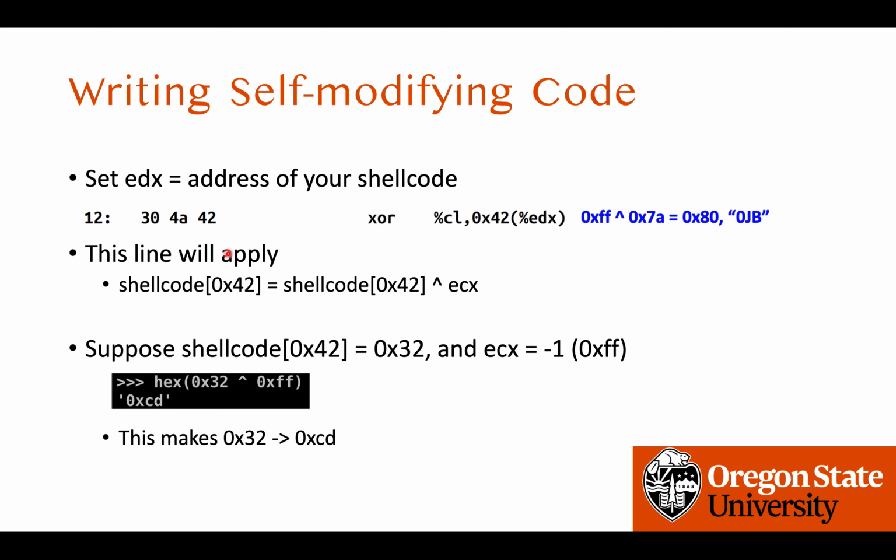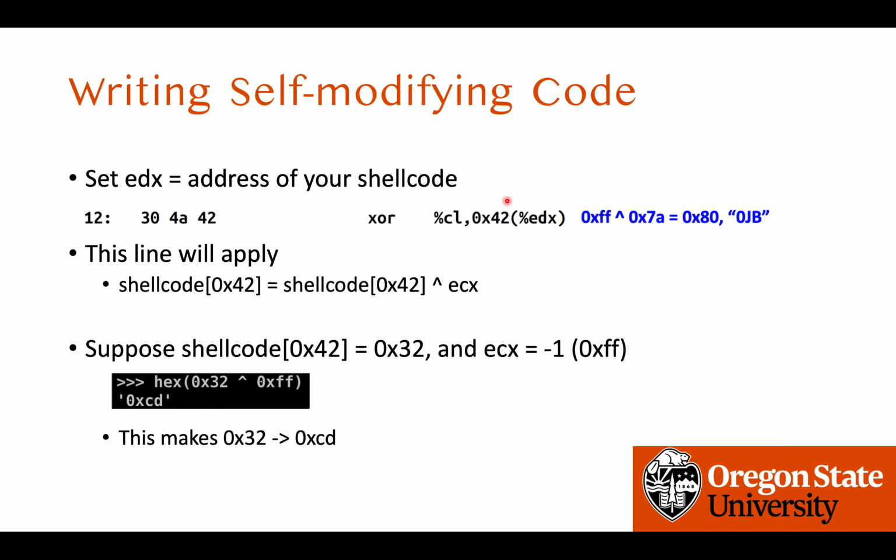Finally, about writing self-modifying code for alphanumeric shellcode. If you can set the value of the EDX as the address of your shellcode, the starting point of your shellcode, then the following instruction, XOR CL to 0x42 over EDX, will apply this kind of operation.